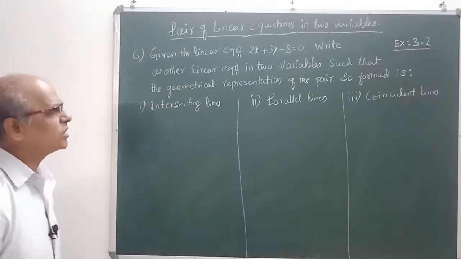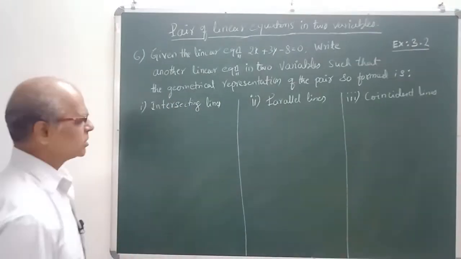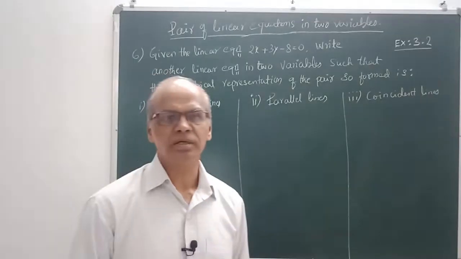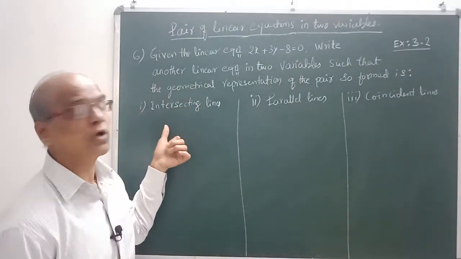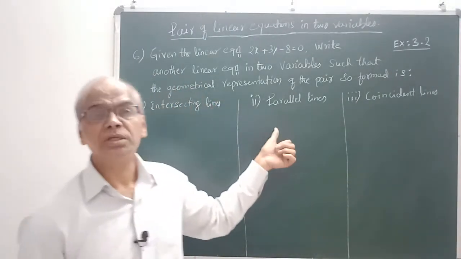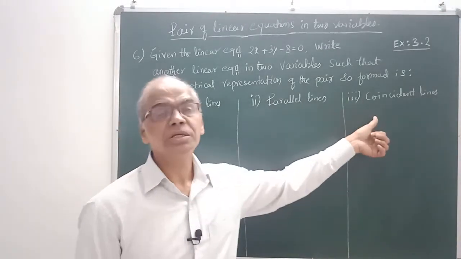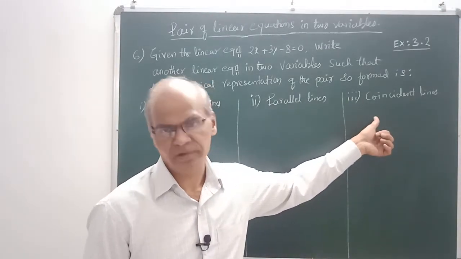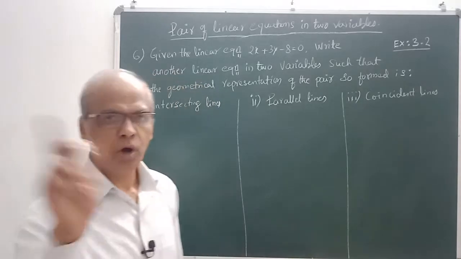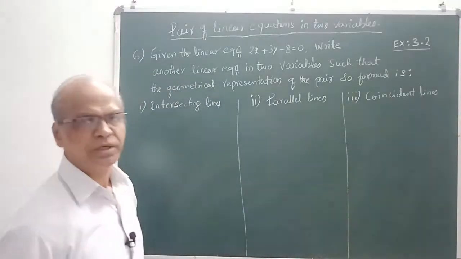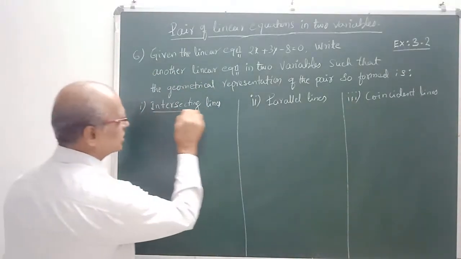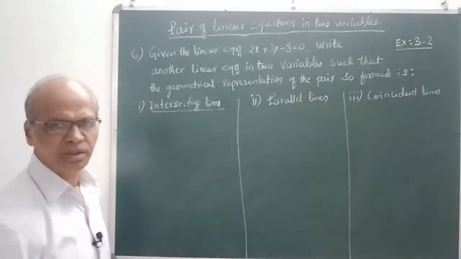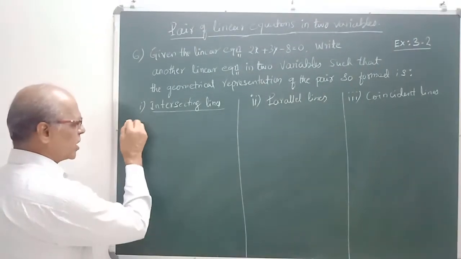The first one is what? Intersecting lines. The matter you have to understand here is, what is the condition required for intersecting lines? Condition required for parallel lines. Condition required for the lines to be coincident. These three things you must recall, that is in the tabulated form. Okay, see here. What is the condition required here for the lines to be intersecting?